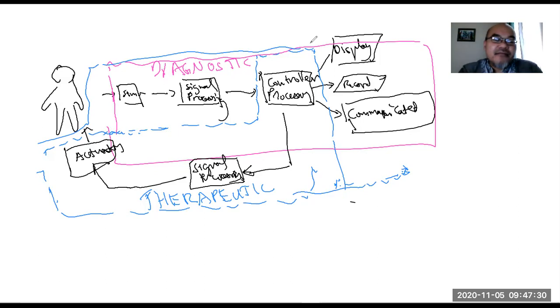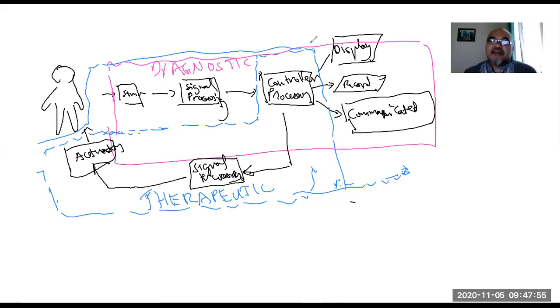But in a closed loop, we call it closed loop instrumentation, first the instrument acquires information from the patient's body, then processes it, and calculates the correct signal to be given to the person, to affect that signal so that it goes to the healthy condition.